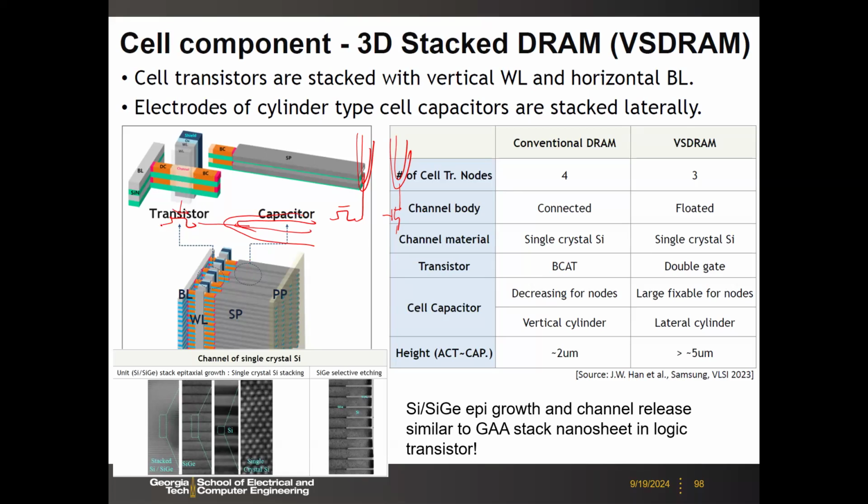So here this T will be manufactured similar to the stack nanosheet we talked about before for the logic transistor. If you recall, how is that done for the logic transistor, the stack nanosheet? Any idea? We'll talk about that in the S1 lecture. Not the PMOS, just the NMOS, because here we'll just need NMOS. So here you have multi-tier. How is that fabricated?